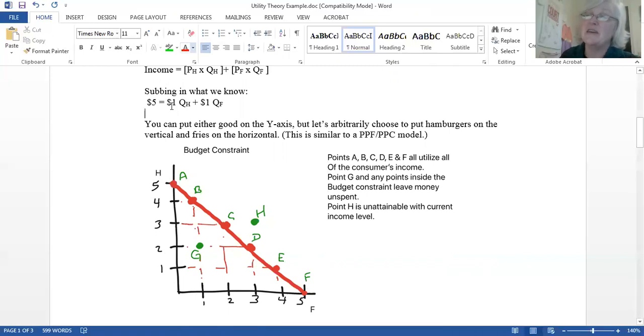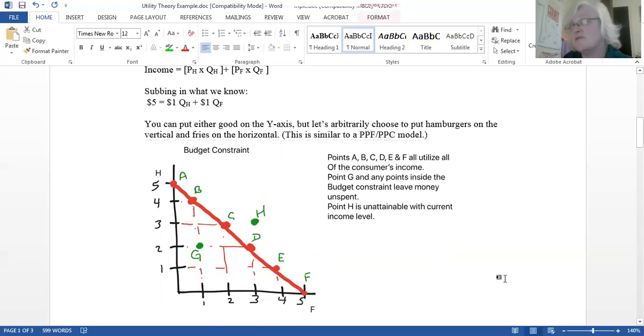On the other hand, if I only bought 4 hamburgers, I would have enough money to buy 1 fry, and that's represented here at point B. If I spent my $5 just on French fries, I could afford, down here at F, 5 French fries and no hamburgers.